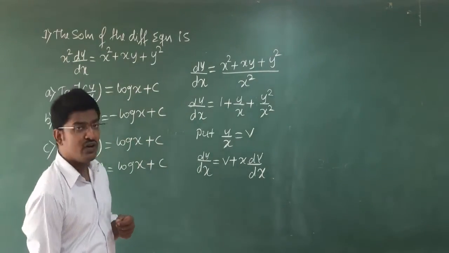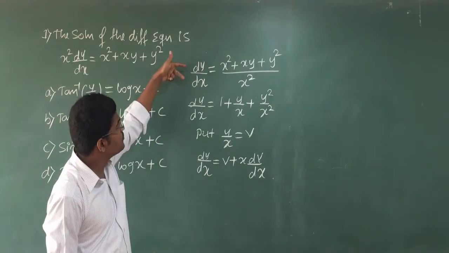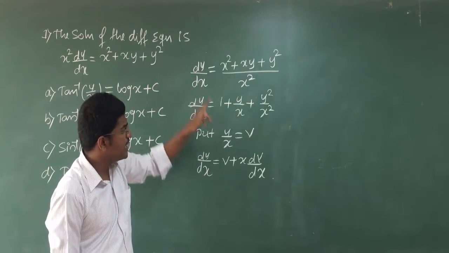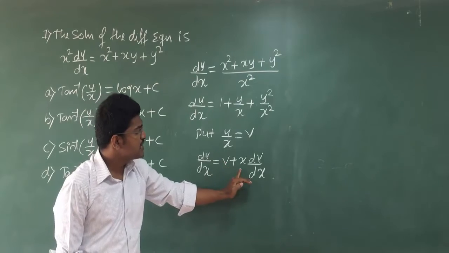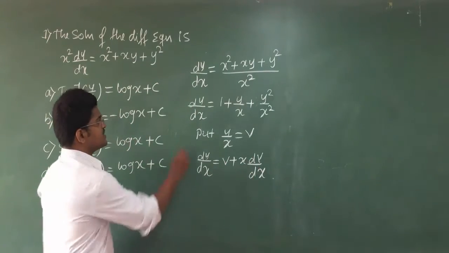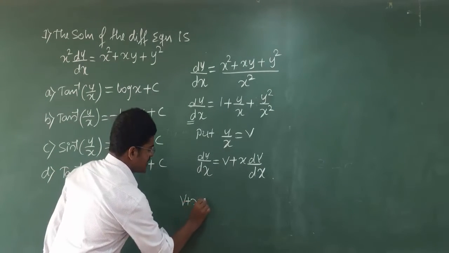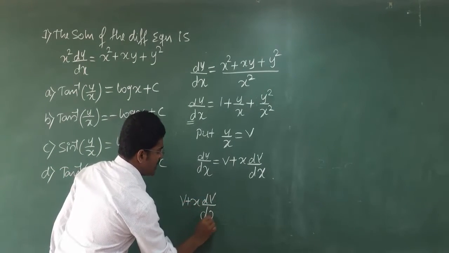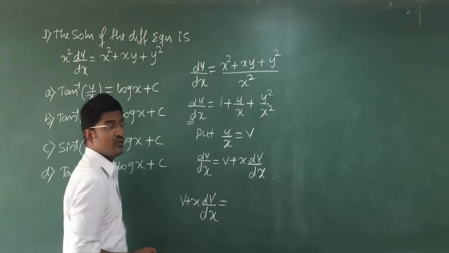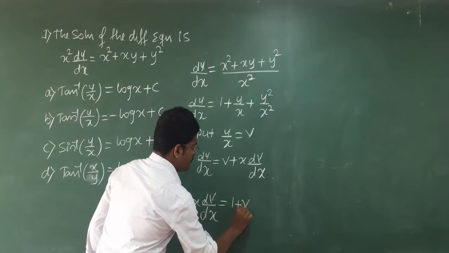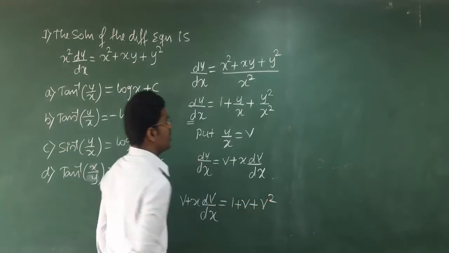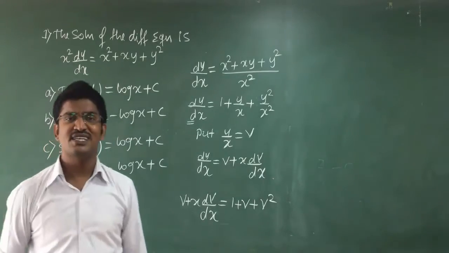So now what we have to do? In the place of dy by dx, you write v plus x into dv by dx, that will be equal to 1 plus v plus v square, because y by x is v.